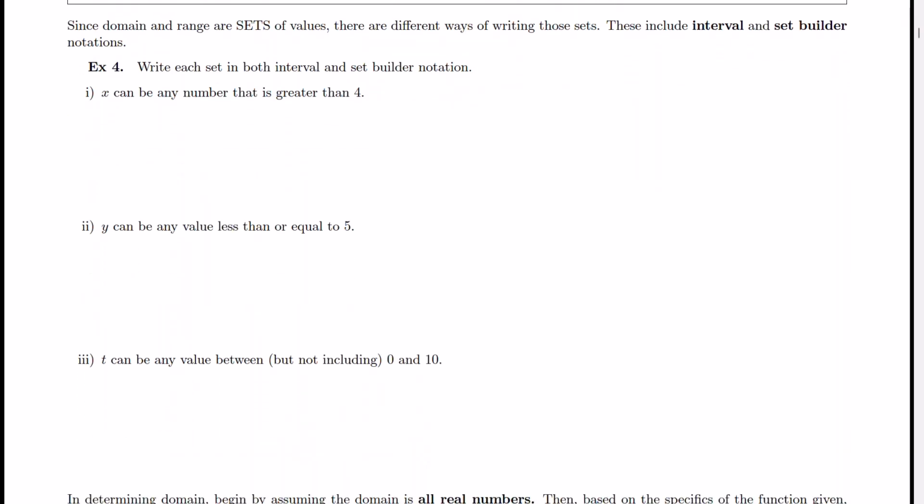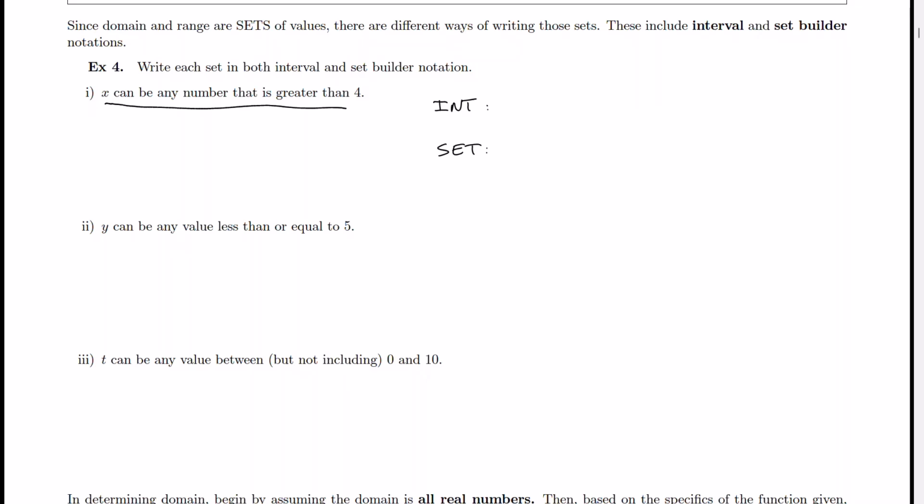All we're doing here is just taking this sentence that's being provided and writing it either in interval or in set builder notation. The first part says x can be any number that is greater than 4. We are expected to write it in interval notation and in set builder notation, so I'll do both, starting with interval notation first.